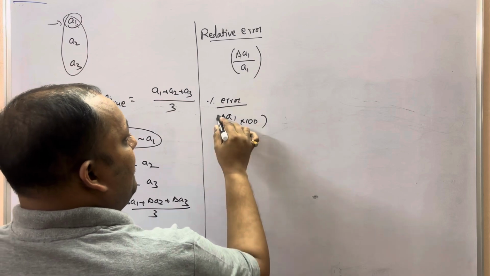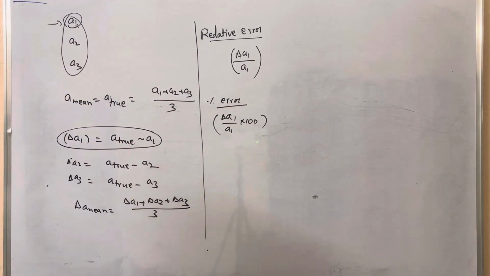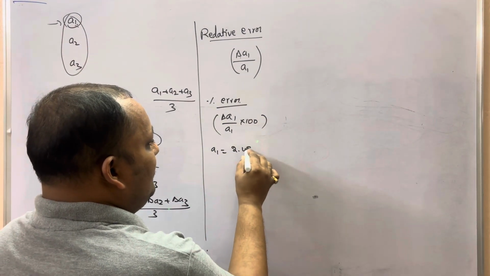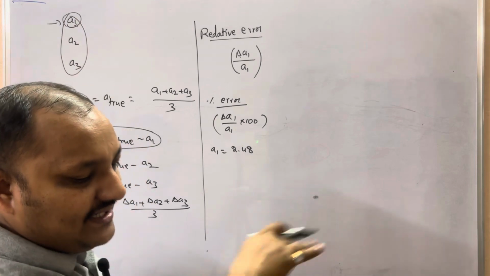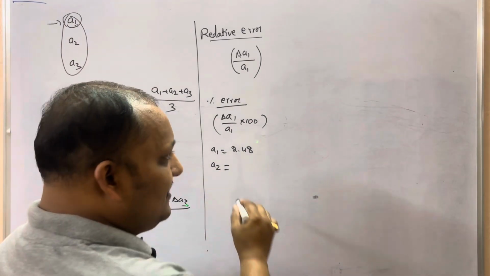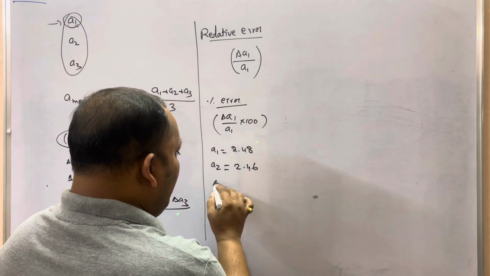Just take three values: A1 is 2.48, A2 is 2.46, A3 is 2.49; we will take units later.